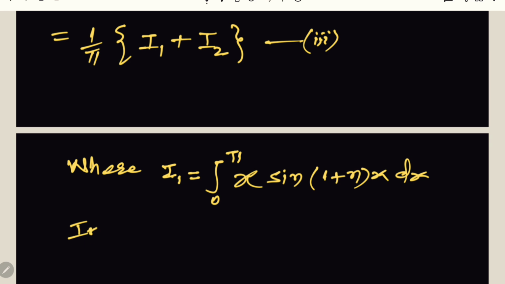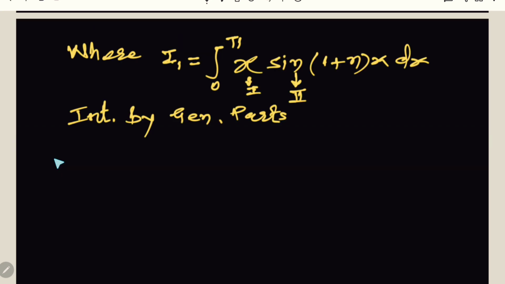Again, it is product of two terms, therefore integrating it by generalized part. And whenever we have to perform by generalized part, by applying LIAT rule, we decide the order. Therefore, x must be the first term and sine must be the second term.